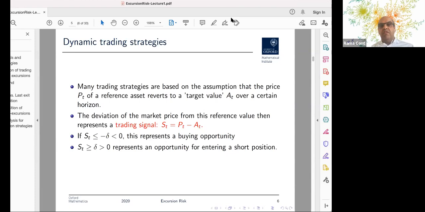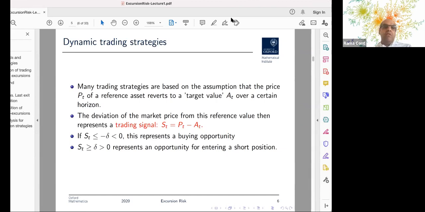So if this signal is non-zero, it means there's something interesting to do. If the signal is negative, sufficiently negative so that you consider it statistically significant, then it means that your asset is undervalued. So this means it's a buying opportunity.